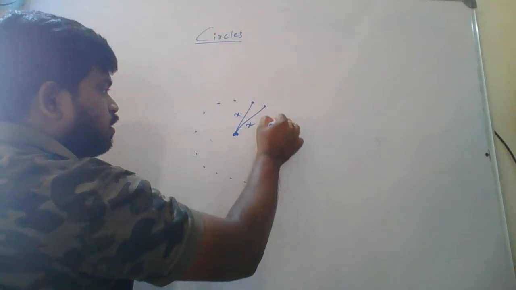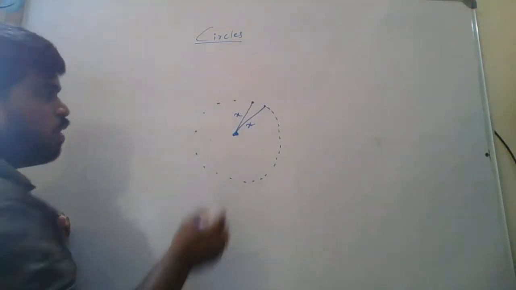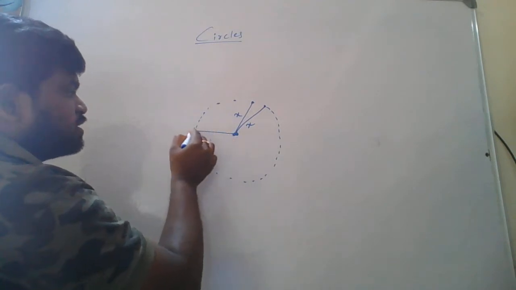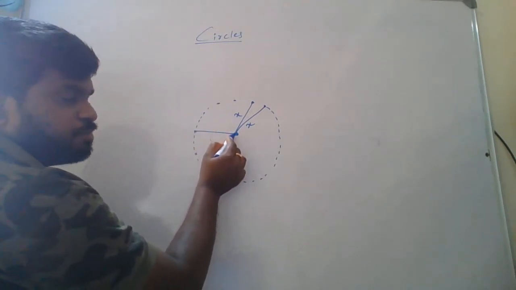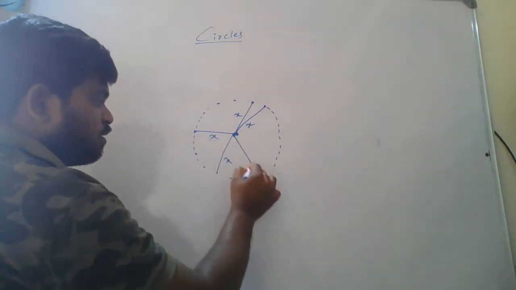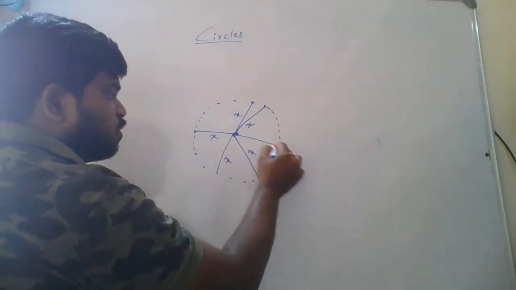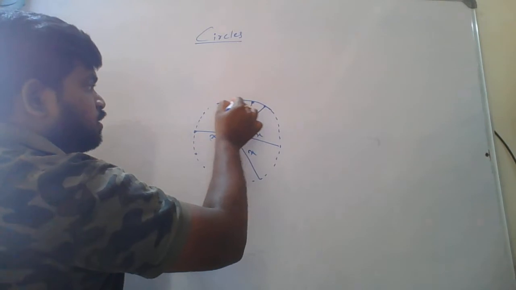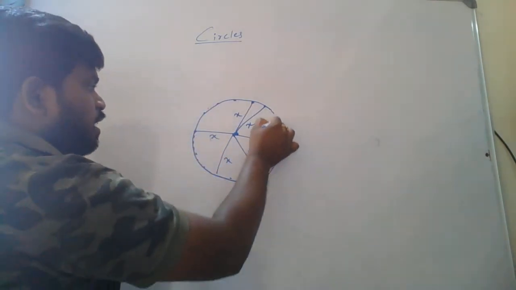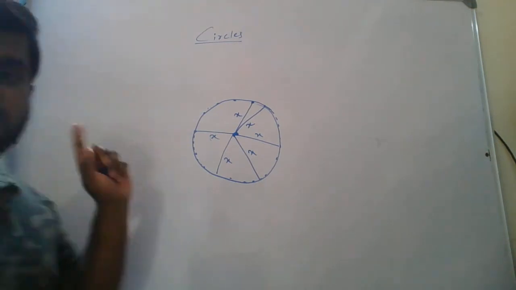So everywhere, if you measure the distance between this fixed point and the moving point, the distance should be x. Such a figure is known as a circle. If you connect all these dots, you get a plane figure, and this plane figure is known as a circle.